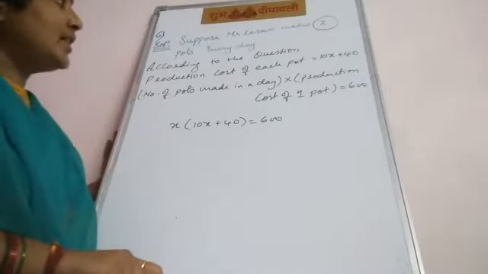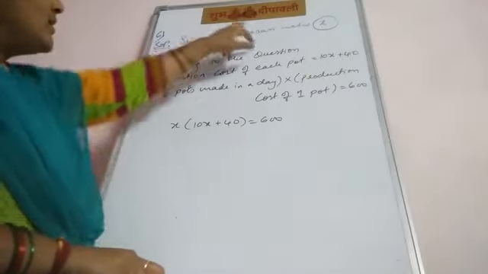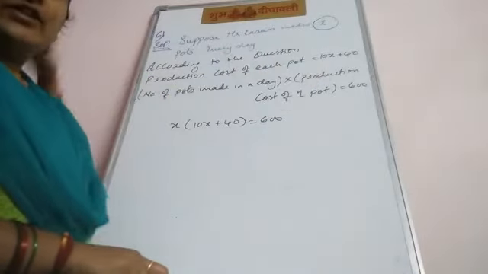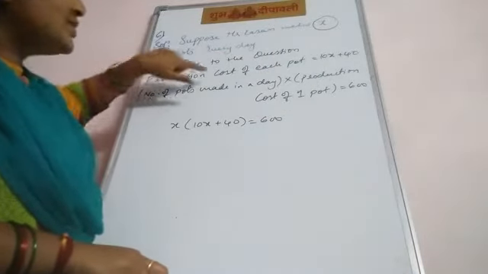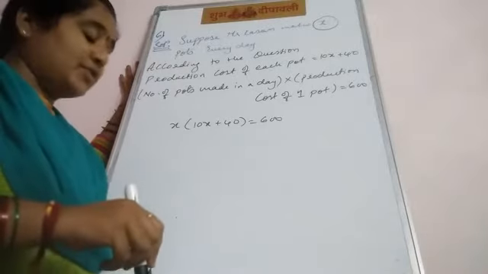See here, 40 more than means what? Plus. 10 times here, how many pots? x. So 10 into x, 10x. So the total production cost of each pot is 10x plus 40.